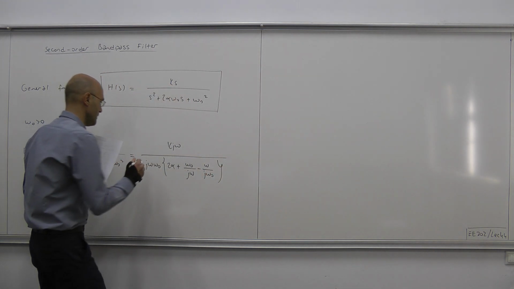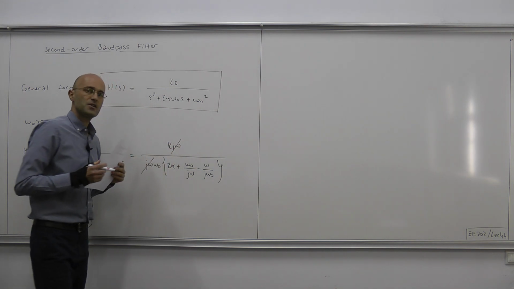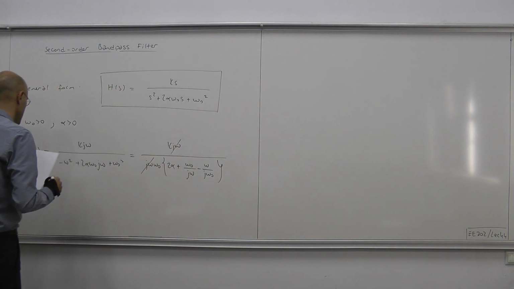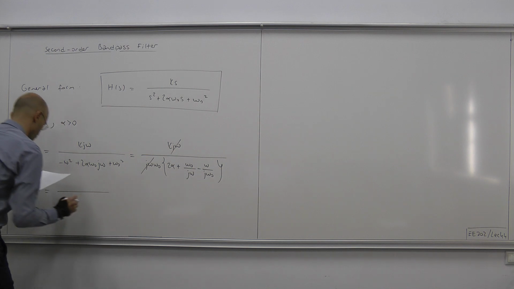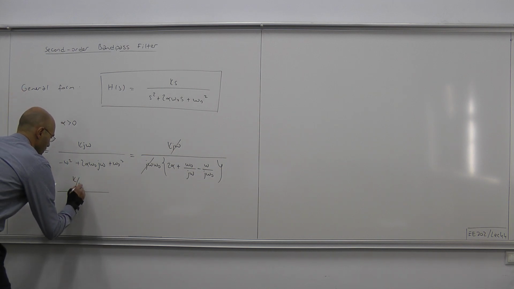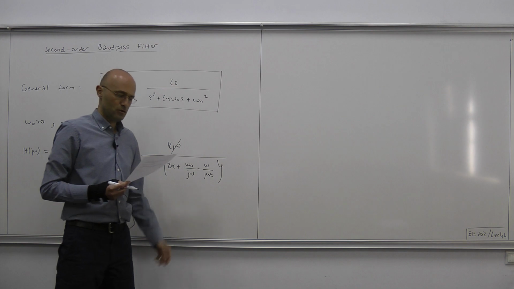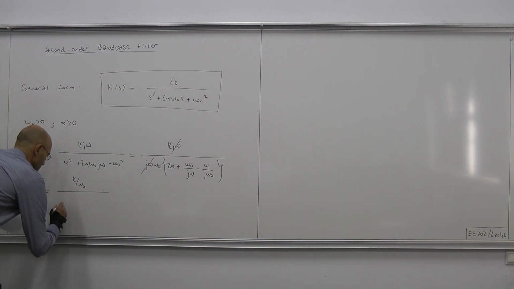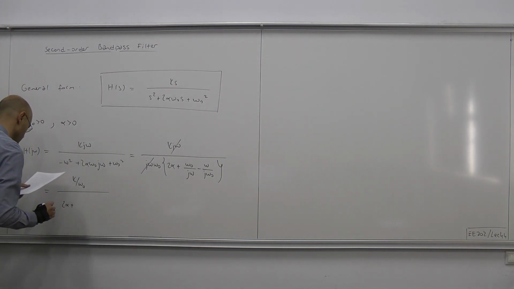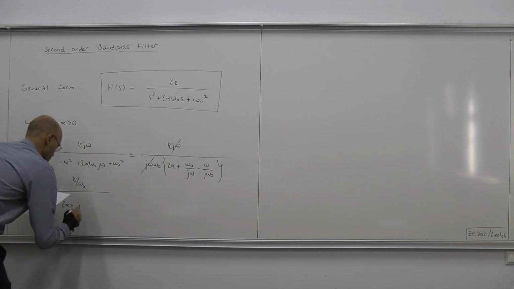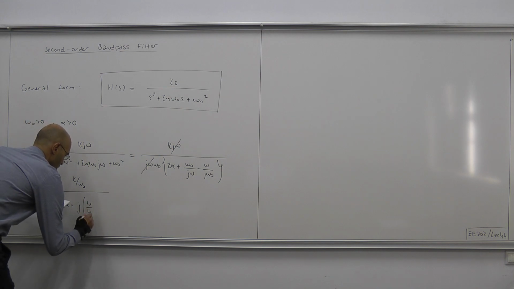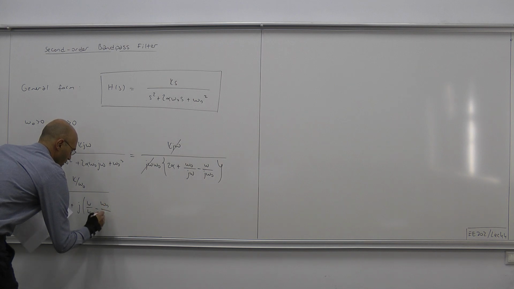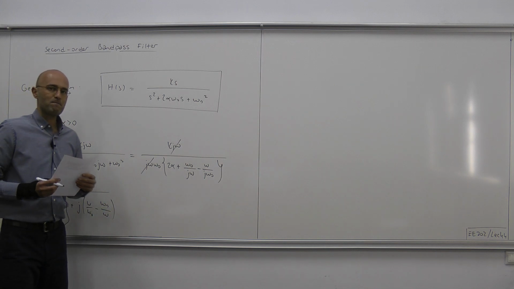Okay, and then these j omegas cancel one another, and we're left with the following expression: k over omega 0 in the numerator, and the denominator can be written in the following simple form: 2 alpha plus j times omega over omega 0 minus omega 0 over omega.